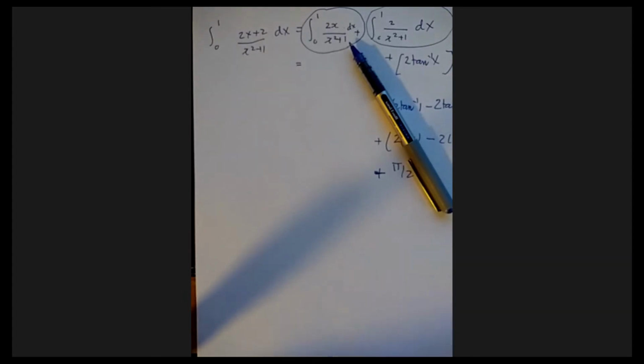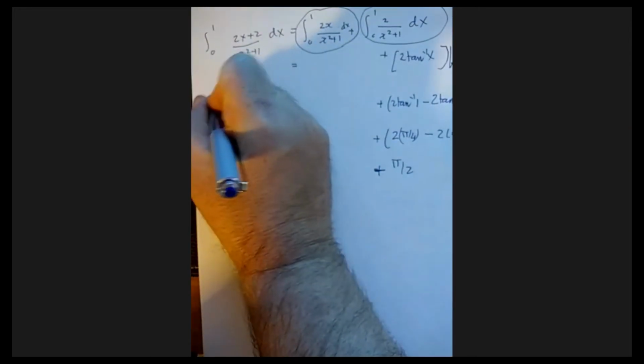Natural logarithm? Not yet. There will be a natural log eventually, but we have to do something to get there. The method is called u-subs. That's what I was looking for. So I have 2x on the top. That's the one.